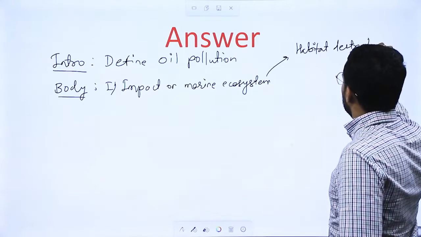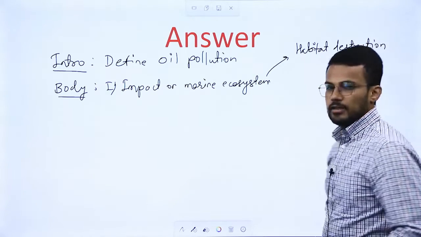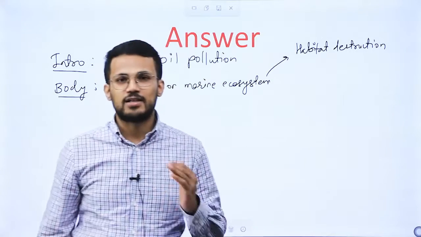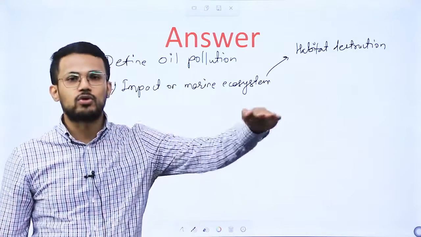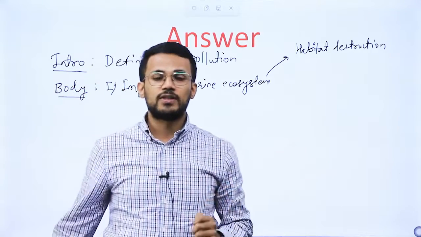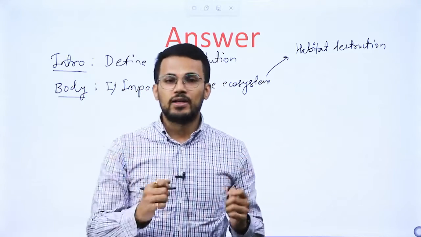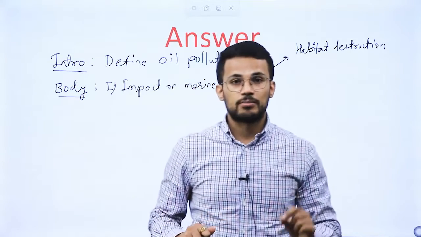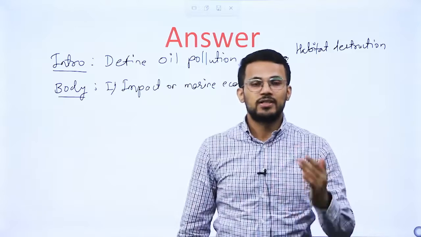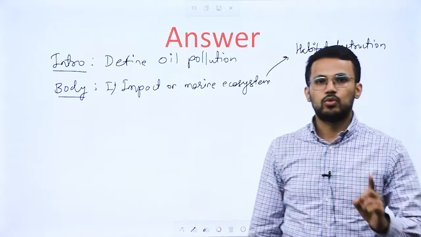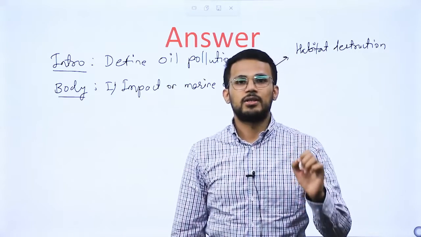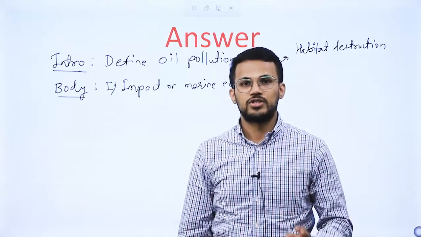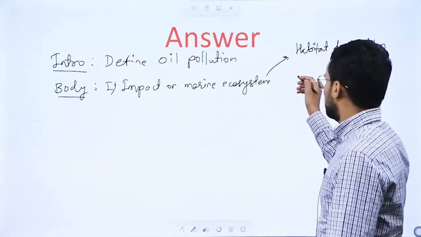This happens because oil has less density than water, and that's why it floats on water. As a result of that, there may be lack of availability of sunlight and oxygen inside the marine ecosystem, and that may put the life inside that marine ecosystem to various kinds of threats. For example, there will be lack of availability of food, lack of availability of oxygen as well. So that is the first impact.